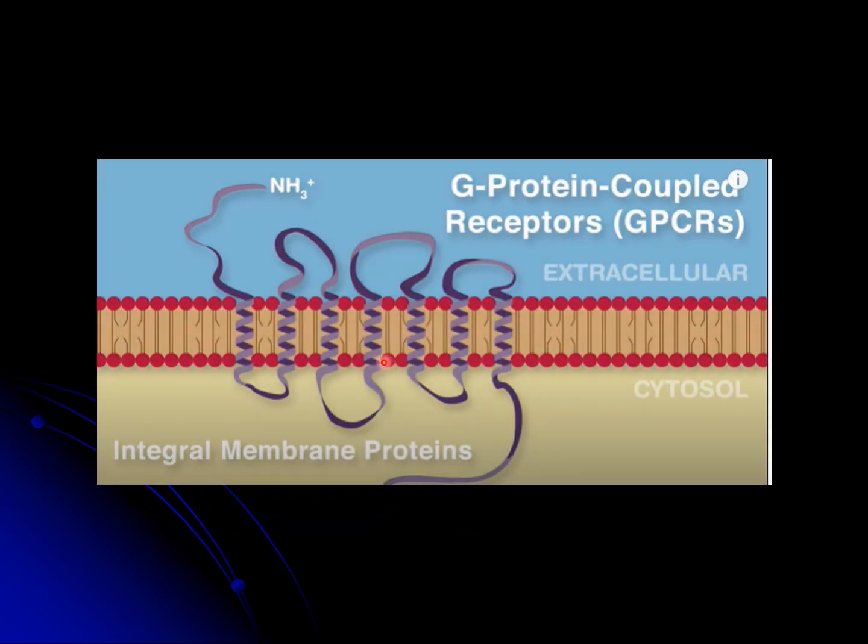This is the structure of the G protein coupled receptors. As it is written in the books, it's a serpentine receptor like a big snake, and it spans the membrane 7 times: 1, 2, 3, 4, 5, 6, and 7. It has an extracellular domain and an integral membrane portion.